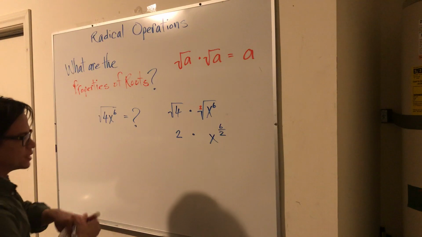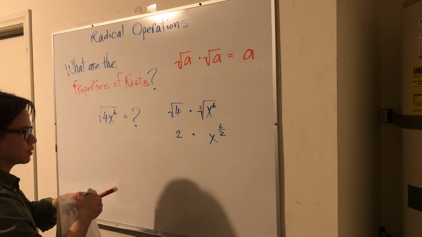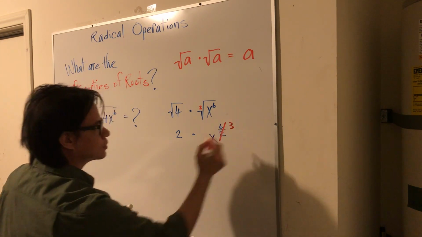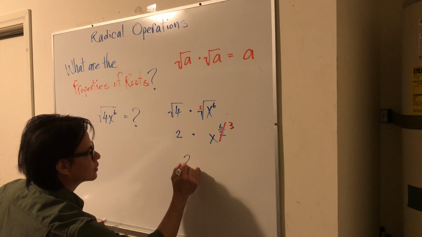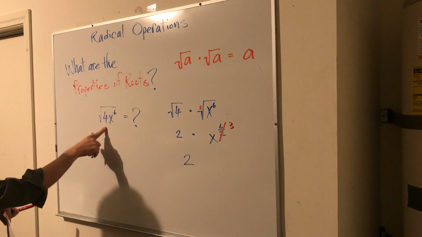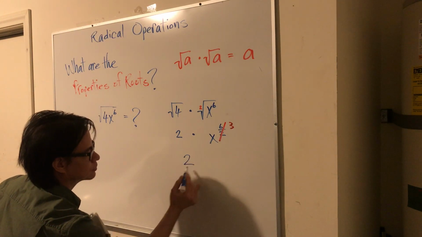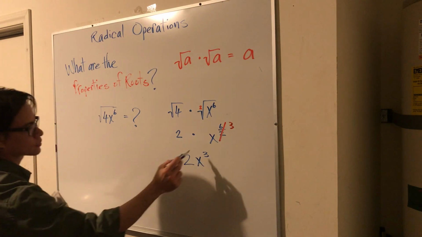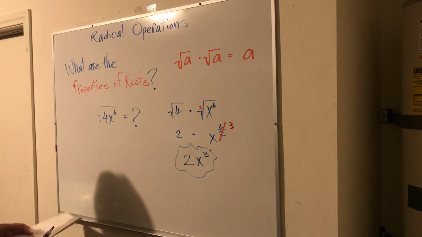Now, 6 divided by 2 is 3. So for our final answer, we can say that the square root of 4x to the 6 is 2x to the 3rd power. Okay.